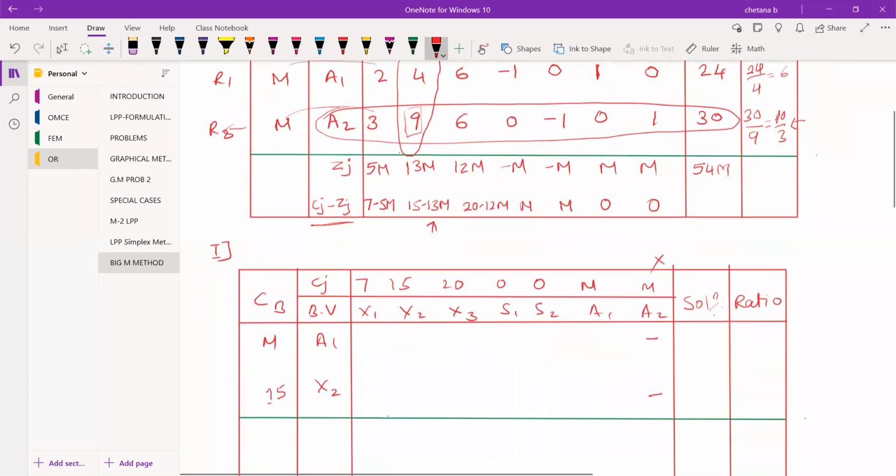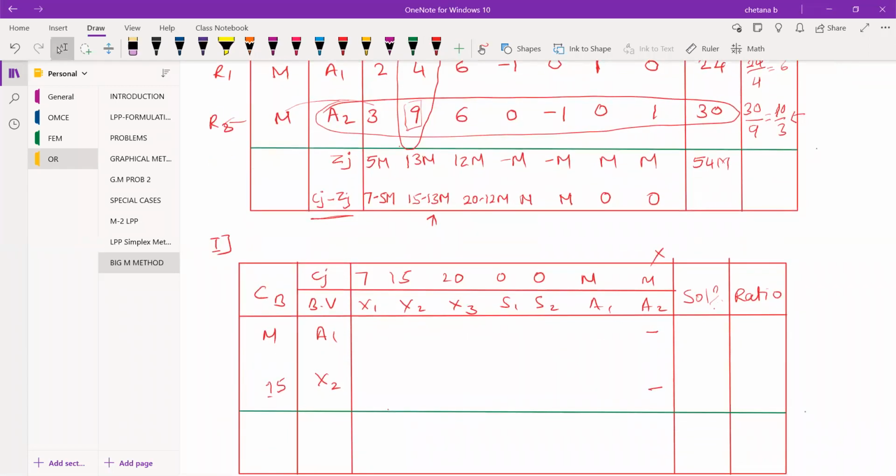You divide each element of row 2 by the key value, that is 9. So 3 by 9 is 1 by 3. I am writing for R4, that is row 4. 9 by 9 is 1. Next, 6 by 9 is 2 by 3.